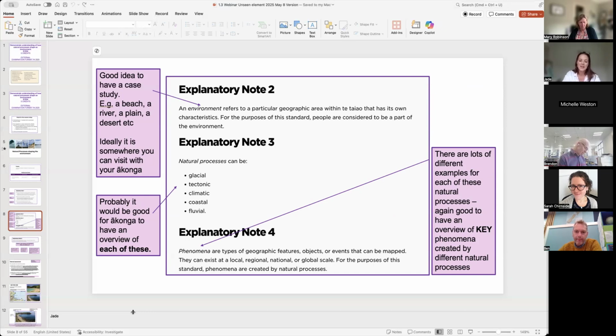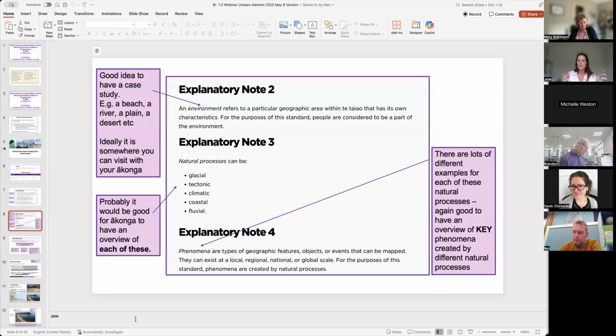So you might choose a case study like the Mount Taranaki Maunga, and so we've got tectonic processes and volcanism, and some glaciation there, but also some fluvial processes. So you want to pick a case study that has at least 2 processes operating in it, and then you're going to give your students a bit more of a general overview of the processes and phenomena that exist in the other types of environments.